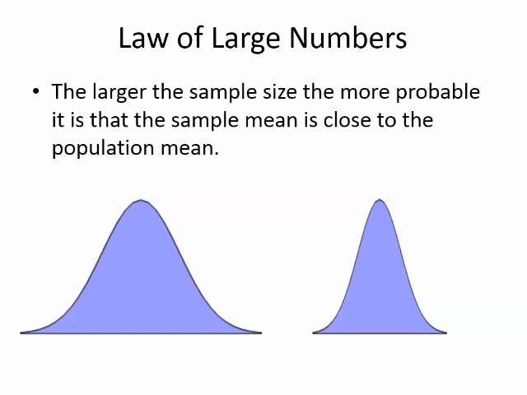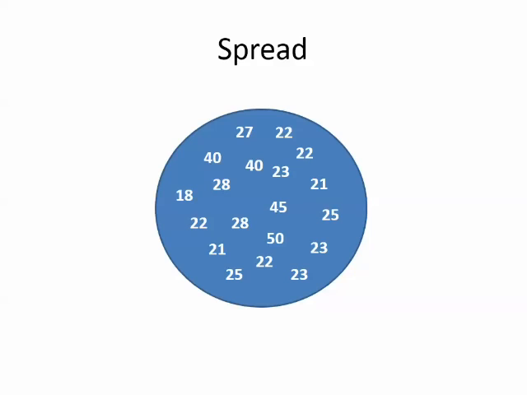For a second, you might think, okay, we know from central tendency that the population mean and the expected value of M are going to be exactly the same. But why would we expect that the larger the sample size, the more probable it is that the sample means we find from those samples will be closer to the population mean? Well, let's look at this example. Let's go back to our age example. So we're talking about spread.